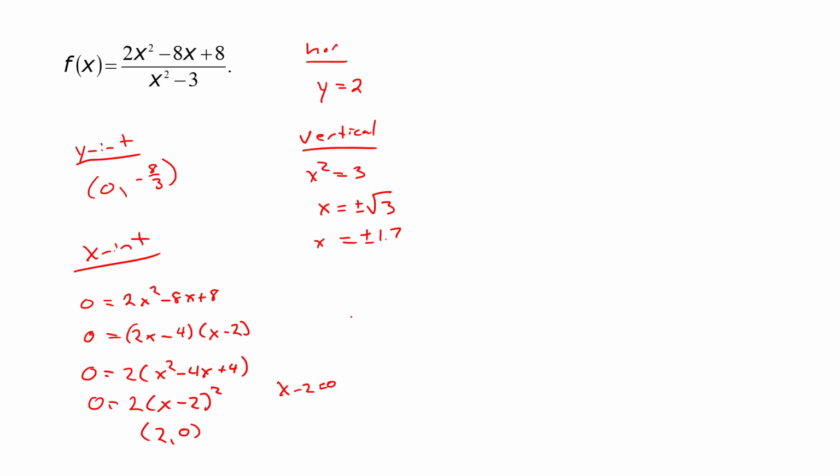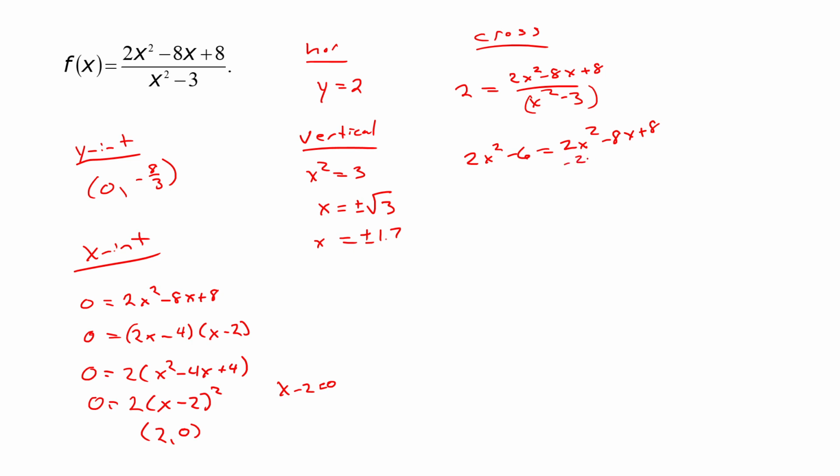I forgot. I want to also know, do I cross my horizontal? So I'm going to put a 2 in for y and see if I can come up with a value. Now I'm going to swing all of this up to the top, and I get 2x squared minus 6 equals 2x squared minus 8x plus 8. Okay, now if I swung these over to the other side, I'm going to subtract 2x squared from each side.